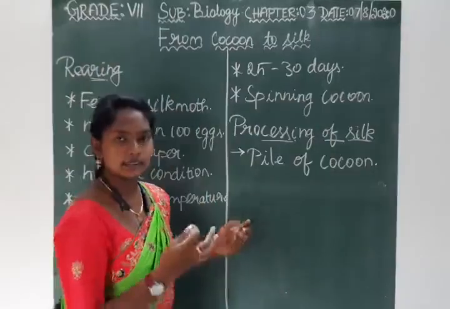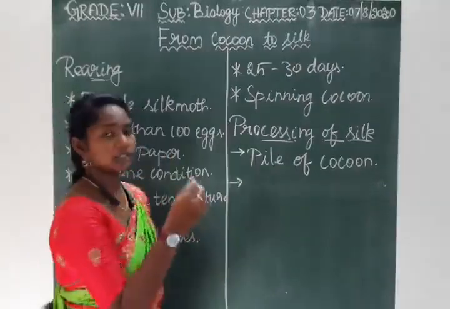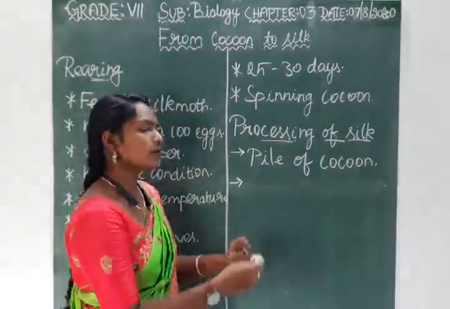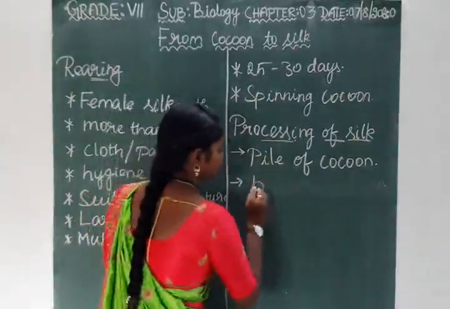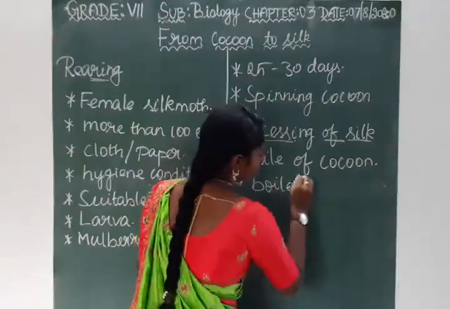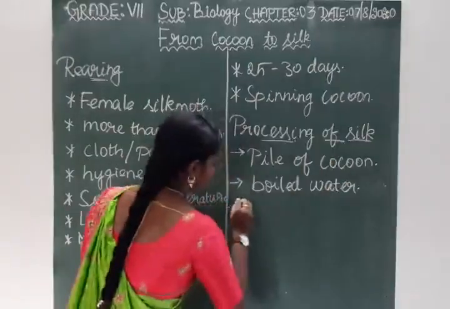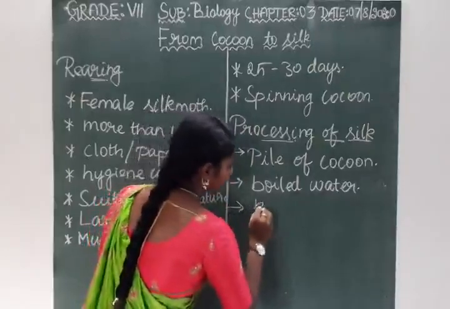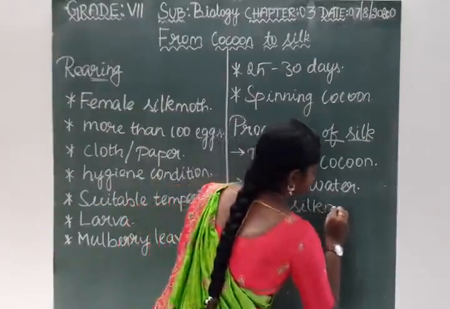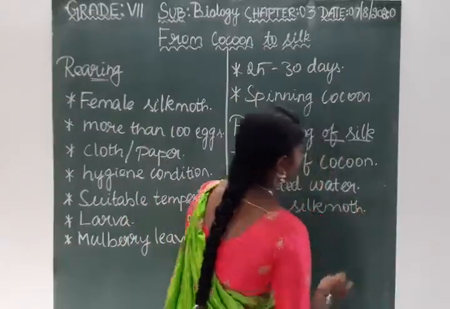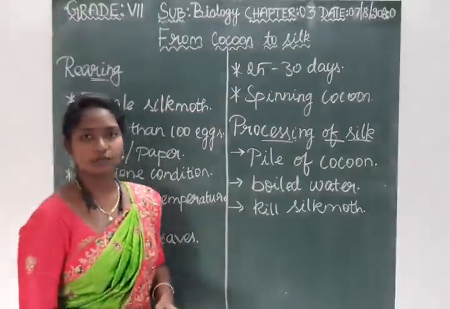For killing the silk moth which is present inside the cocoon, we are dropping it into boiled water. This is to kill the silk moth. So this is about the rearing and the processing of silk.